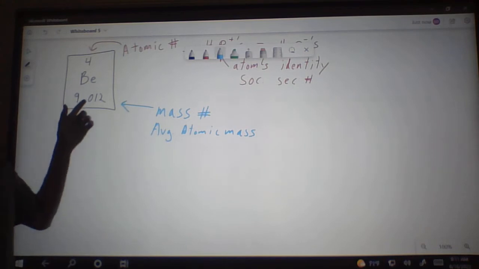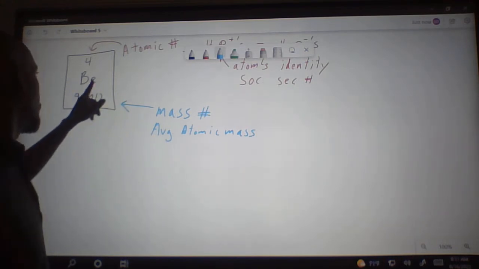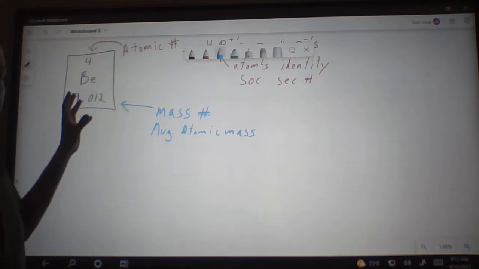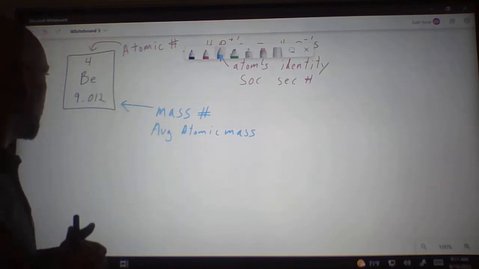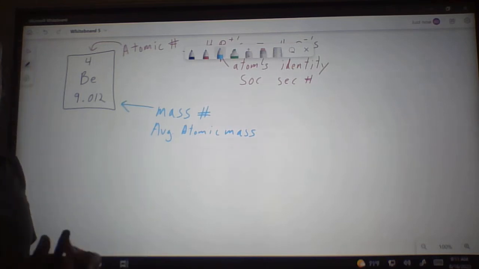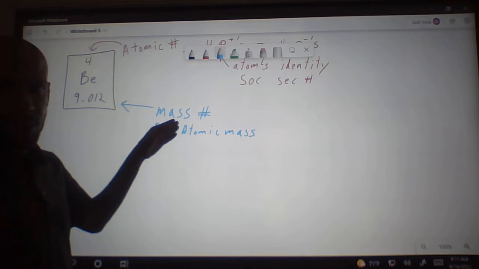So if we were to go in nature, we would see beryllium that has 4 protons, 5 neutrons, and then we would see other isotopes. Sometimes it can lose or gain neutrons, and we'll see those other isotopes. This is the average of all the isotopes that exist in nature. So this is the average atomic mass. This is its mass number.